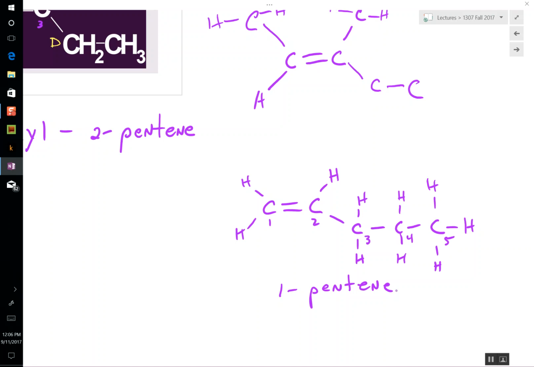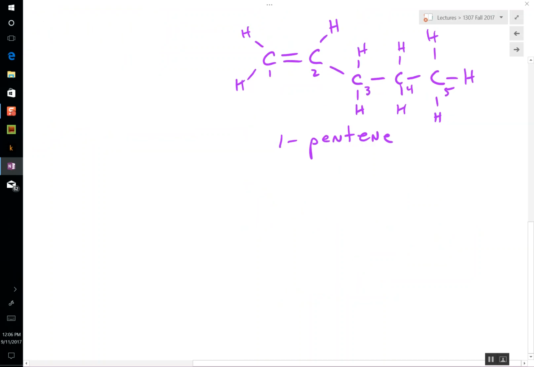Okay, now let me make it a little bit more difficult. Let's pull that one right up there. Let's stick with that same skeleton. It's still 1-pentene, but I'm going to put a chlorine group here, and I'm going to put a chlorine group there. It's still 1-pentene.